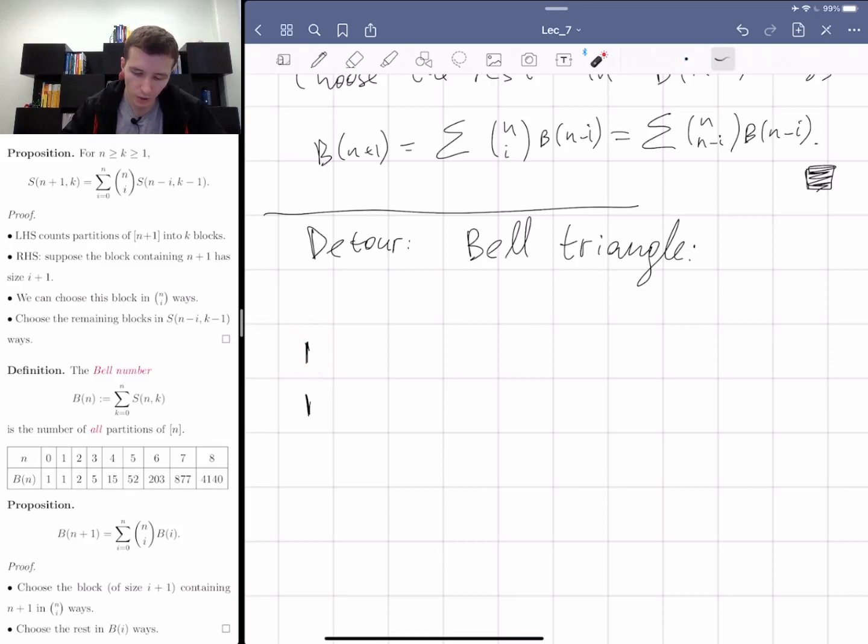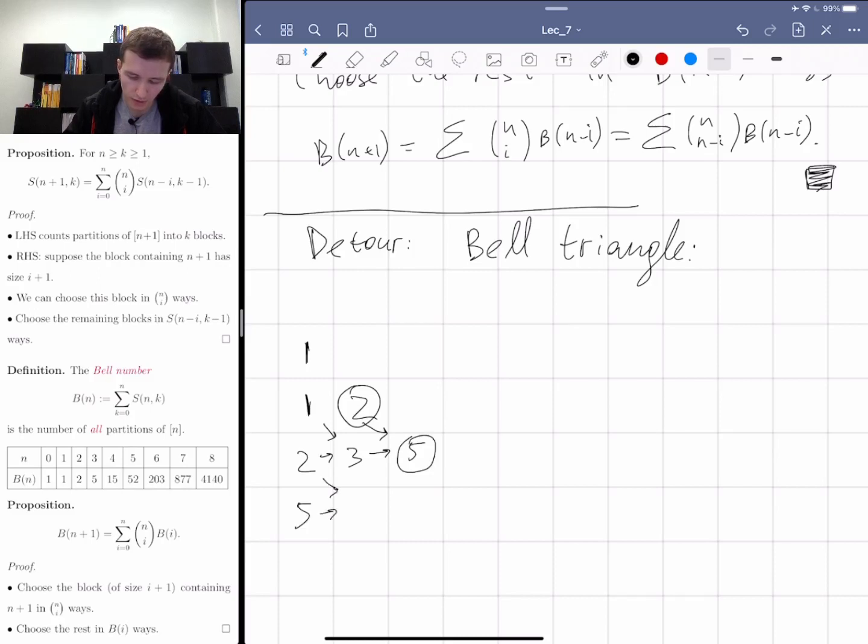And then to construct the rest of the row, each number is going to be the sum of the number to the left and the number to the top left. So I sum up these two numbers, I take the sum of 1 and 1, and I get a 2. And then I copy the 2 into the next row. So 1 plus 2 is going to be 3, 2 plus 3 is going to be 5. So whenever I see this number at the end of the row, I copy it.